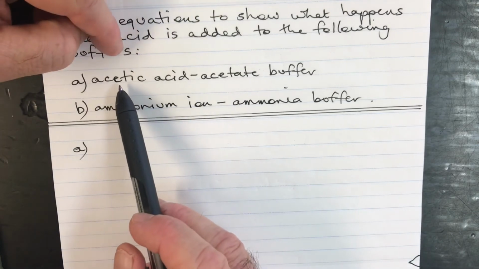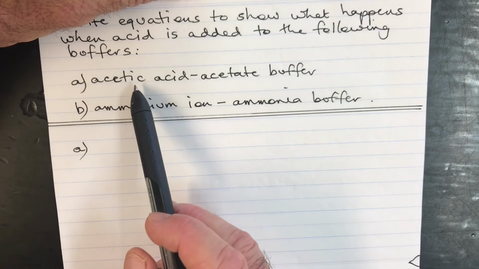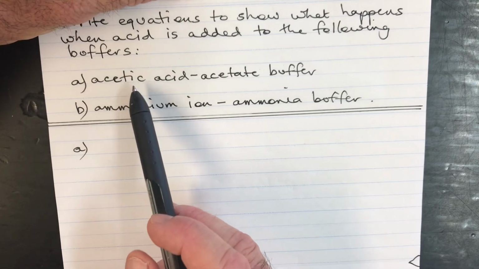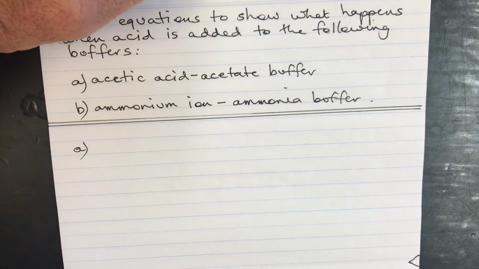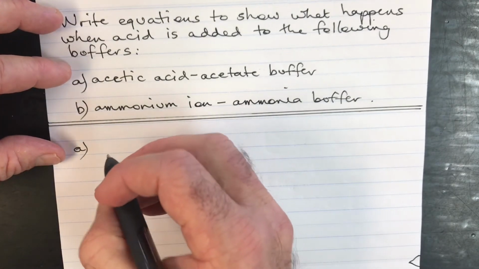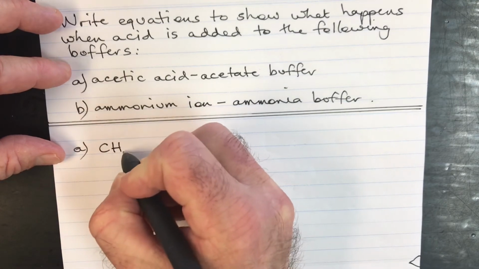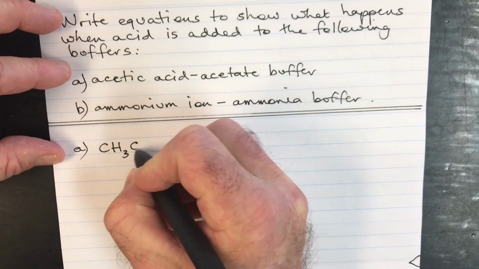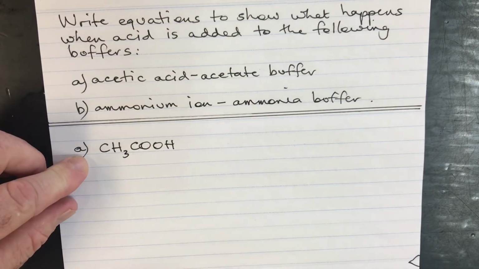Because acetic acid is a weak acid, remember, if we're dealing with a weak acid or a weak base, it's in equilibrium with the products. So we will have a go at this. I'm going to write down the formula for acetic acid as CH3COOH.